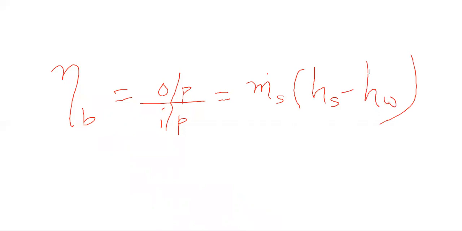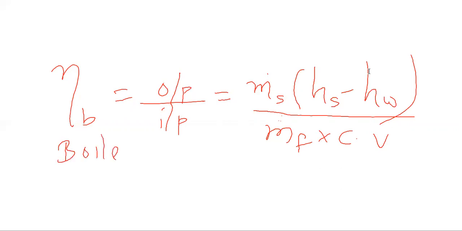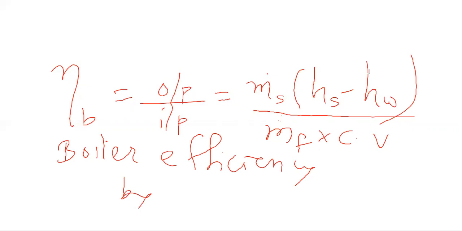This is the energy output of the boiler, and input, as I said, is equal to the fuel consumption rate, m dot f, into the calorific value. So that gives me the boiler efficiency by direct method. So whatever I have written here on this slide is the boiler efficiency expression by direct method.